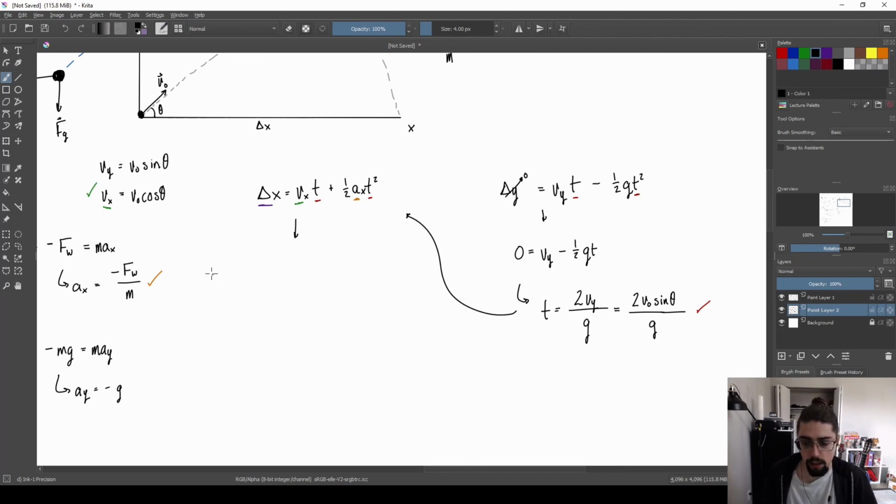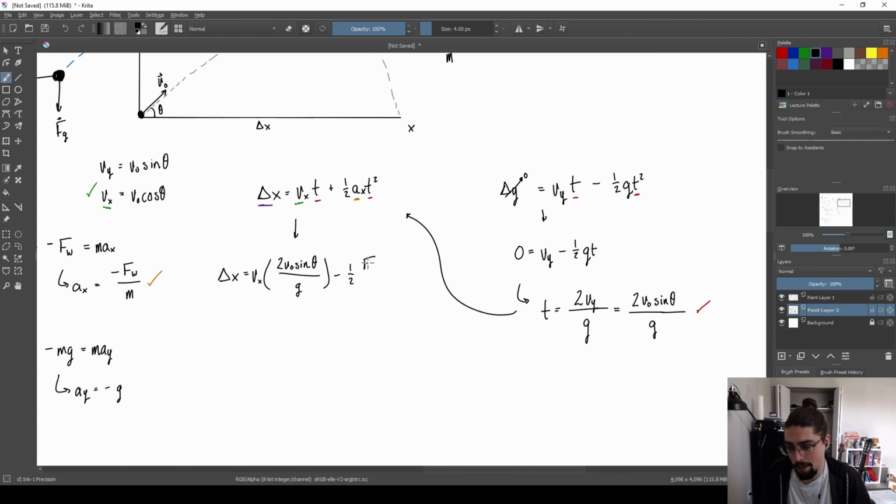Oh, this is where it's going to get a little bit nasty. So delta x is equal to v of x times this. Plus, here's where it gets bad. Let's go ahead and plug in for my F of w as well while we're talking about it.